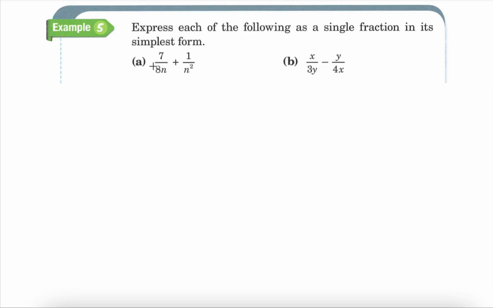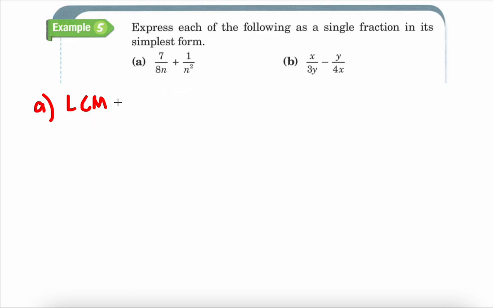For A, I have a denominator of 8n in one fraction, and I have n squared in the other. So I need to find my least common multiple. So what can they multiply to get to, both of these denominators? Well, I'm working with 8n and n squared.